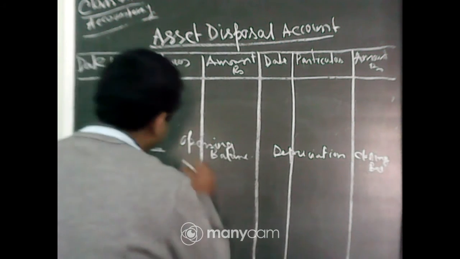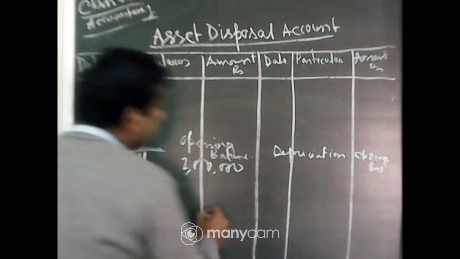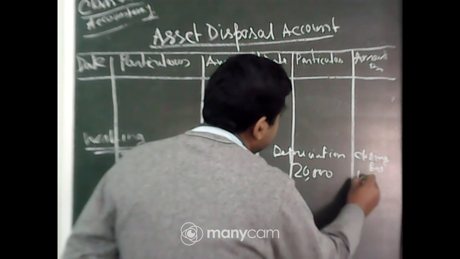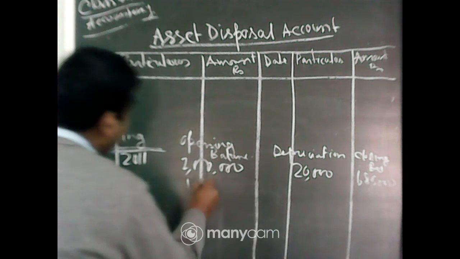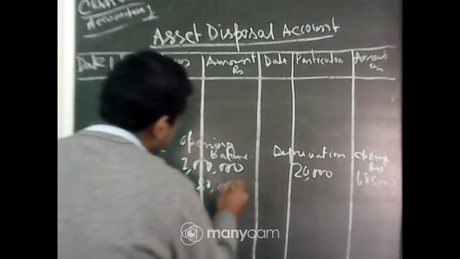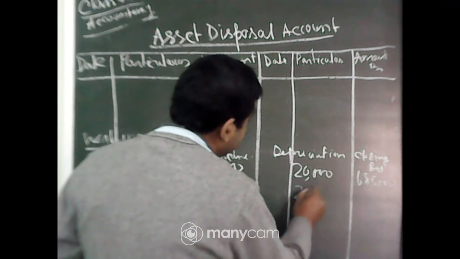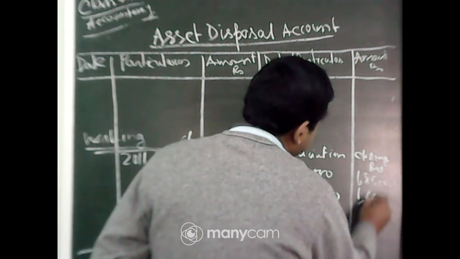Opening balance is 2 lakh rupees. With 10% depreciation, that is 20,000. So closing balance will be 1,80,000. Next year opening balance is 1,80,000, but we will charge depreciation on the original cost, that is 20,000 again, and the closing balance will be 1,60,000.